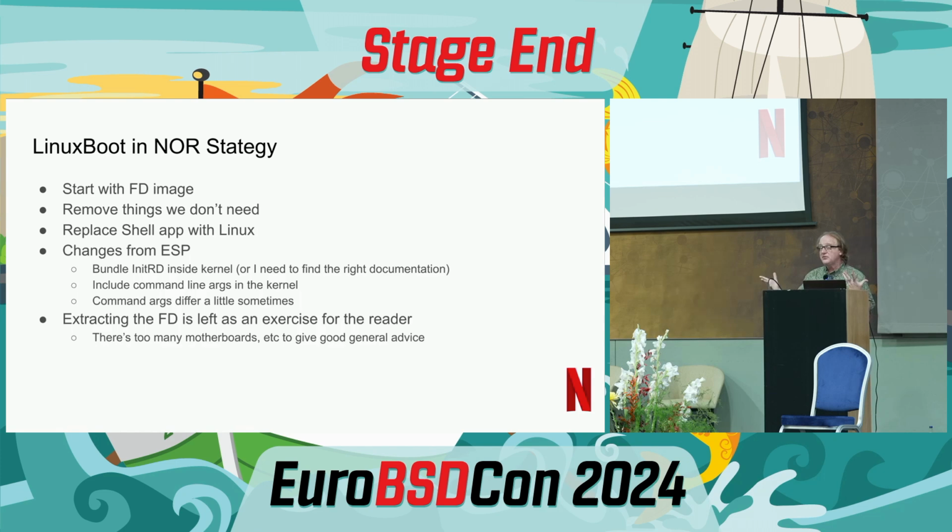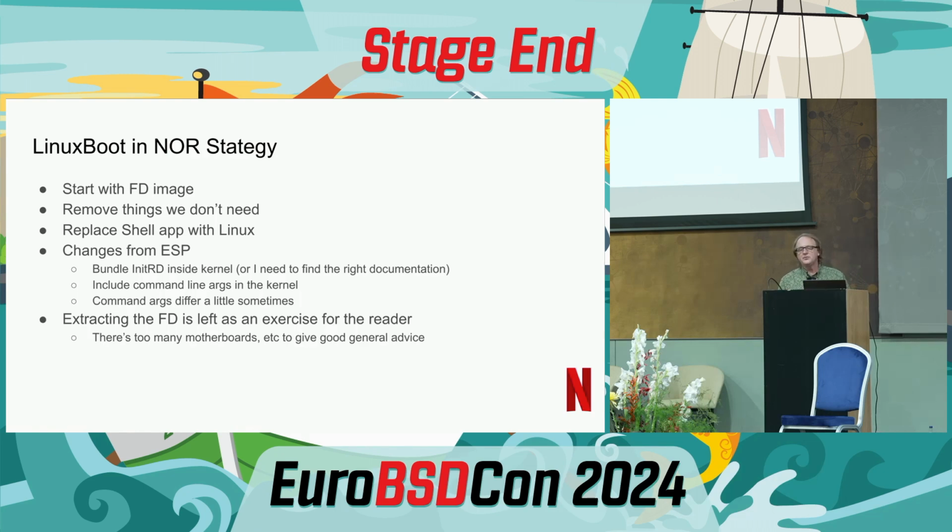So the basic way that we do this, like I mentioned earlier, is we take the image, we remove the things we don't need, we replace the shell with linux.EFI, and then we save it and burn it back to the flash. There'll be a few changes from the Linux image you made for the ESP to specify the command line console, maybe the root device to load, and also to compile in the initrd.